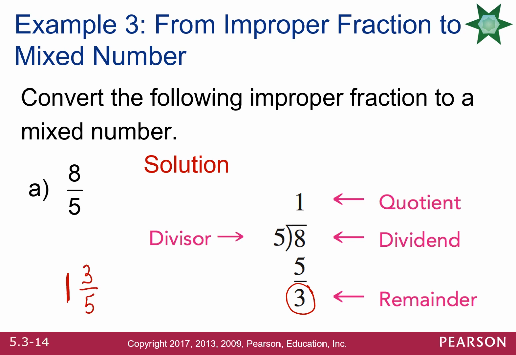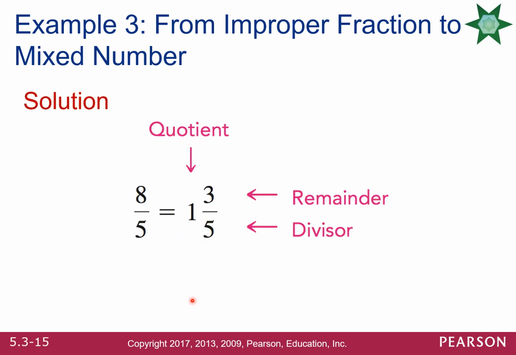So in the next slide, they have written it out as a mixed number. I've already done the work here, but let's see if they have the same answer as us. So here we go. We have the final answer written out as a mixed number from the results of the division. The quotient from the division was a 1, and that becomes the integer part of the mixed number.